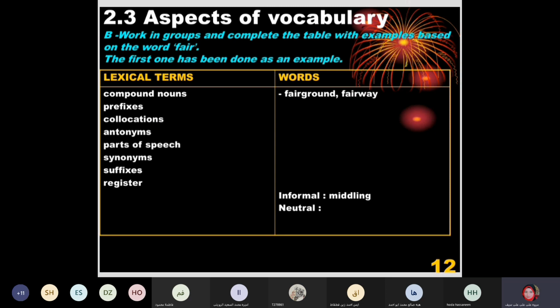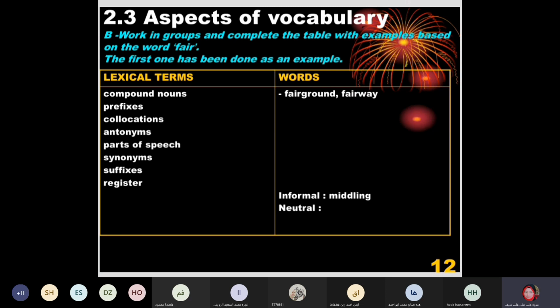What about register? The last one, and this is very important today. What does this word mean in Arabic, Miss Marwa? It means the style of the word or the speech or the language that I am using, if it is formal or informal, for example, maybe medical terms, mathematical terms, geographical terms.